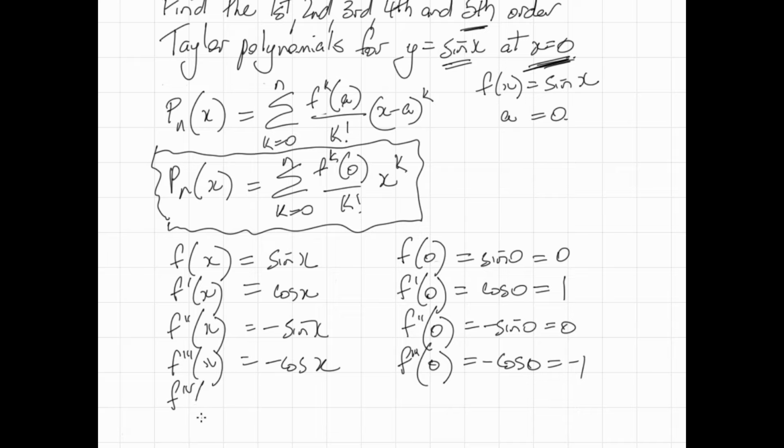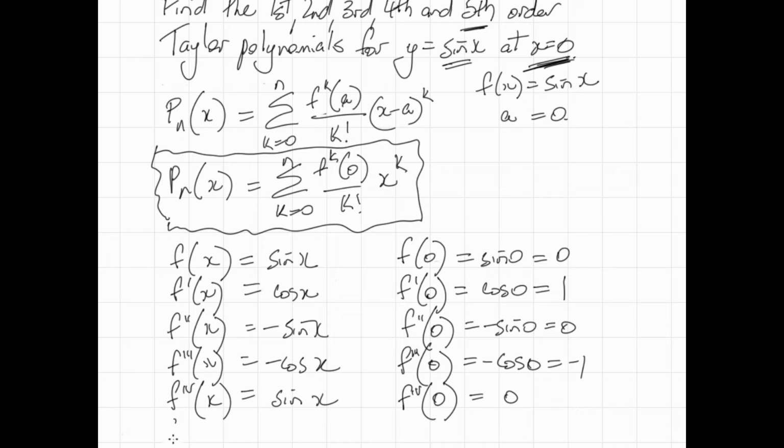For the fourth derivative, we use Roman numerals, f IV of x: the derivative of minus cos takes us back to sine x. So the fourth derivative at x equals 0 is sine of 0, which is equal to 0.